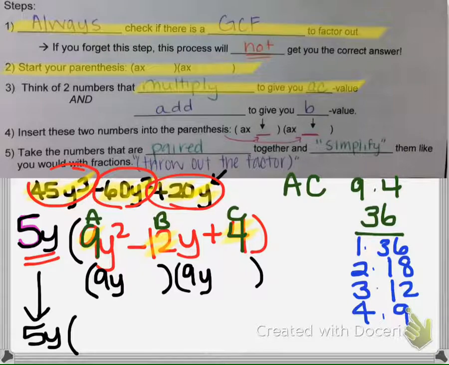Now that we have our factors of 36, we have to choose the ones that multiply to 36, but they have to add to this b value here, so they have to add to negative 12. Since they have to add to a negative, I know that the larger number needs to be negative.